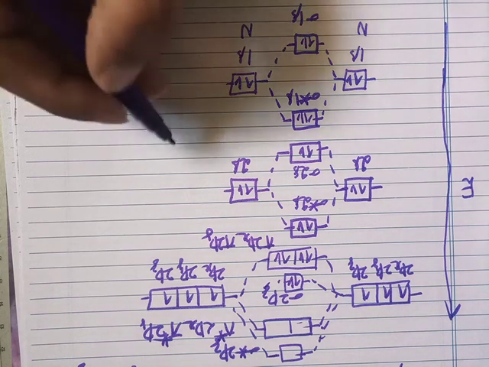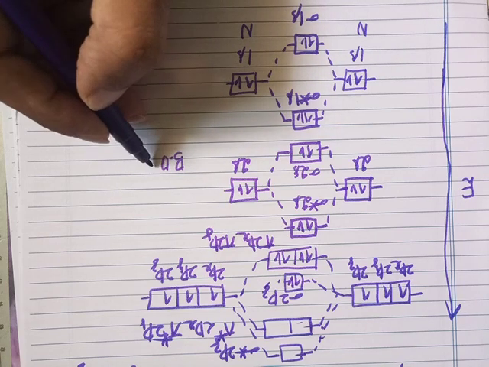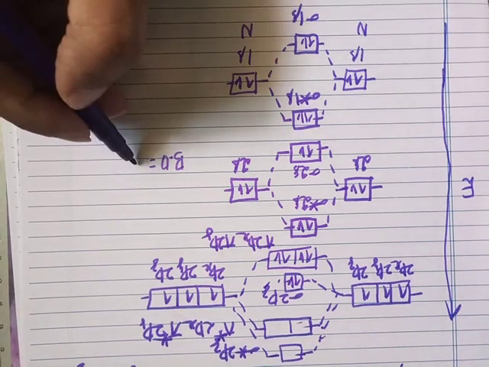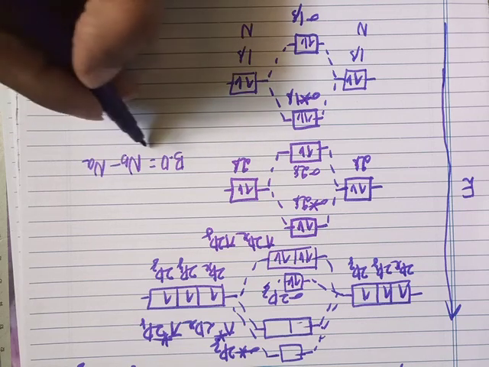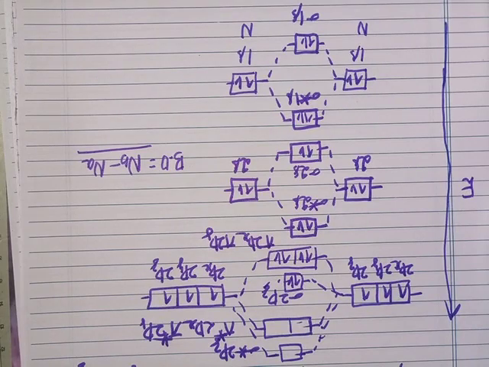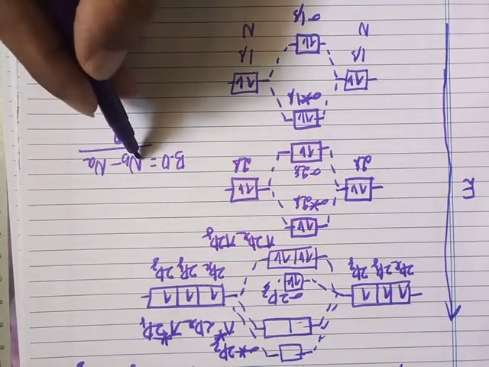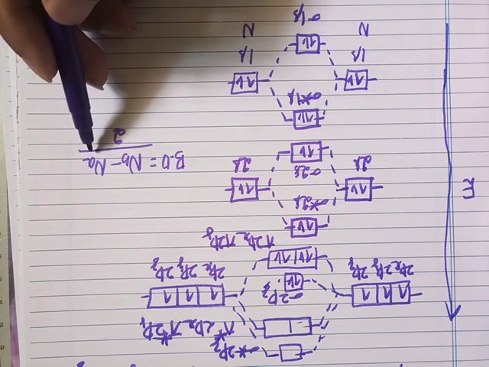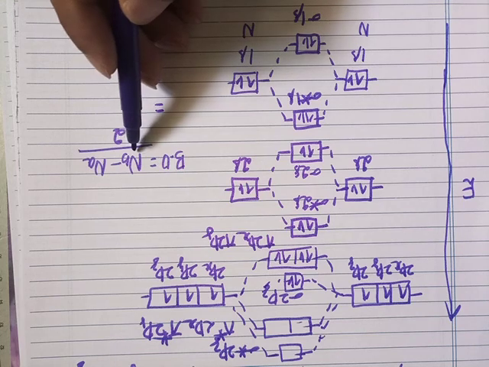Let us calculate the bond order for the nitrogen molecule. We know the formula: bond order is Nb minus Na over 2, that is, the number of electrons in the bonding molecular orbitals minus the number of electrons in the anti-bonding molecular orbitals, divided by 2.